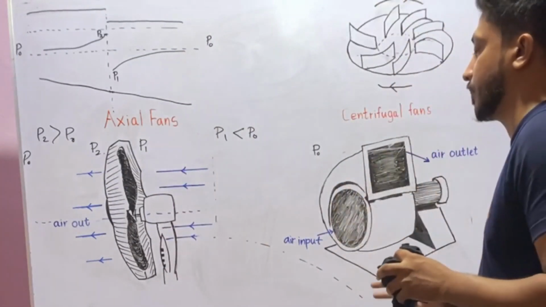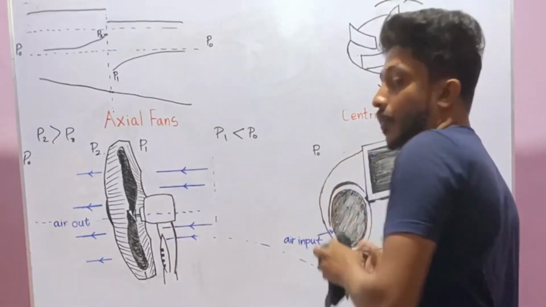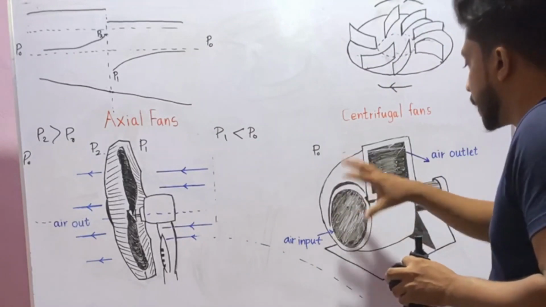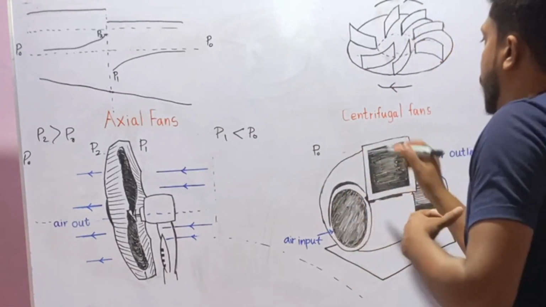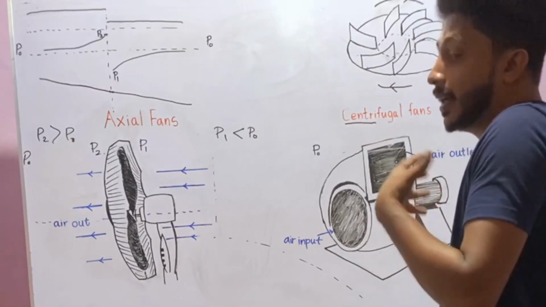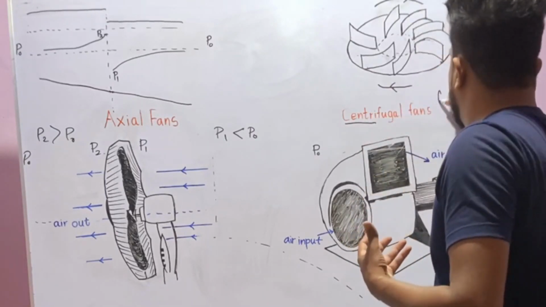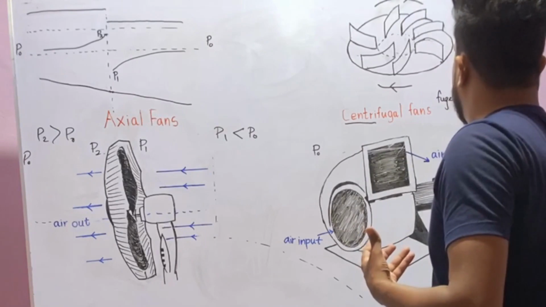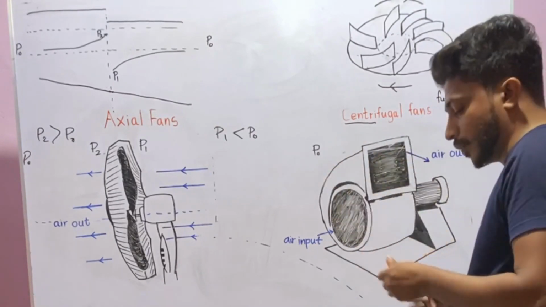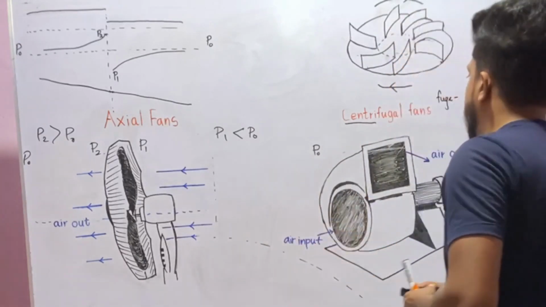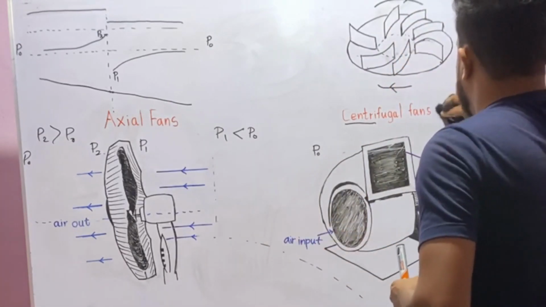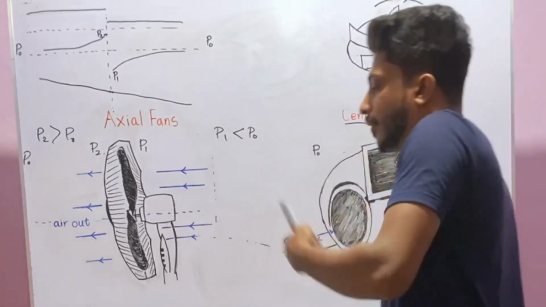Okay, basic mechanism. When we come to the centrifugal fan, this is the centrifugal fan. Centri means center, and fugal means away from the center. The centrifugal means away from the center. So there is centrifugal force.